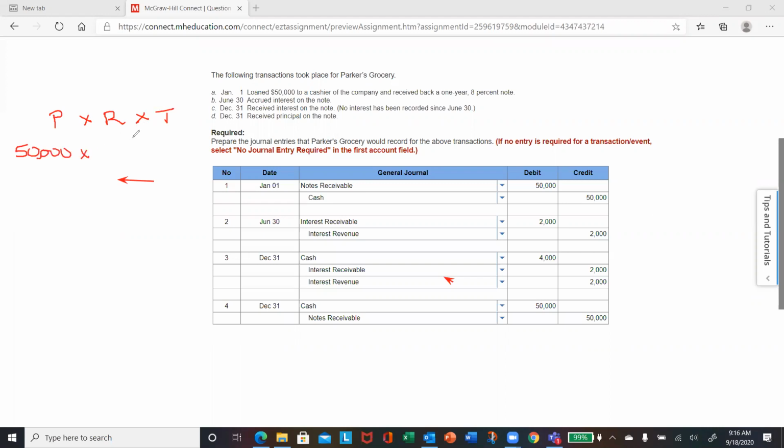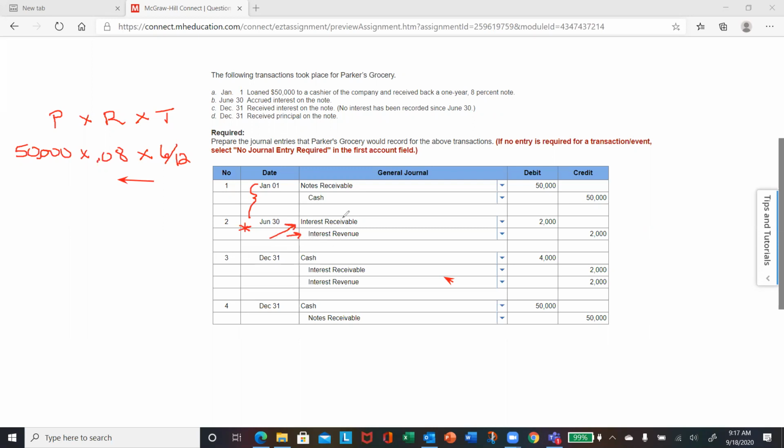So I'd write that there. The interest rate is 0.08. And then the time period would be, again, January to June 30th. You'd say 6/12. And that would give you your $2,000. So you debit interest receivable, and then you credit interest revenue.